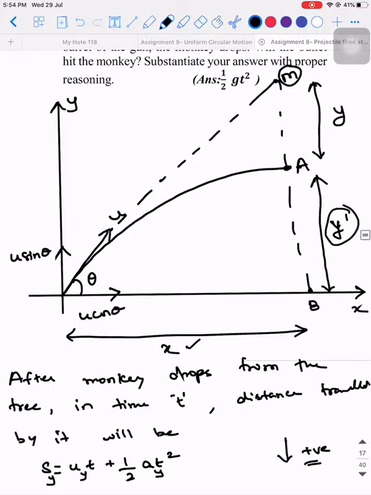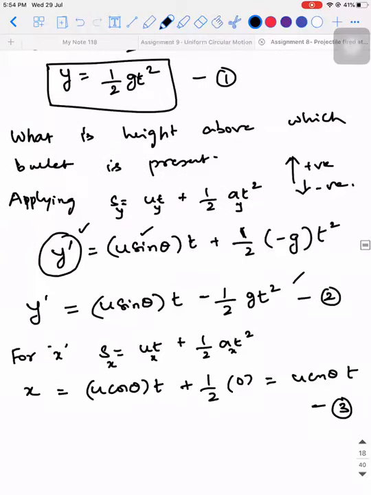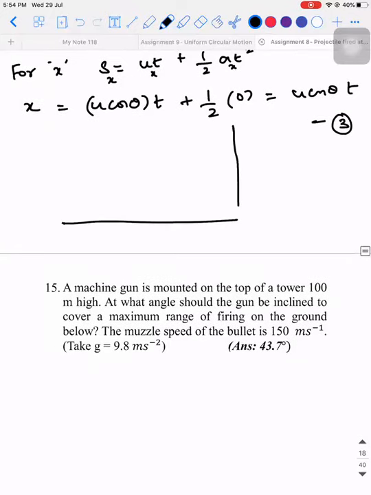I have a value for y dash. Y dash is u sin theta into t minus half g t square. Let me draw a diagram like this. This is x, this is y dash, and this is y.